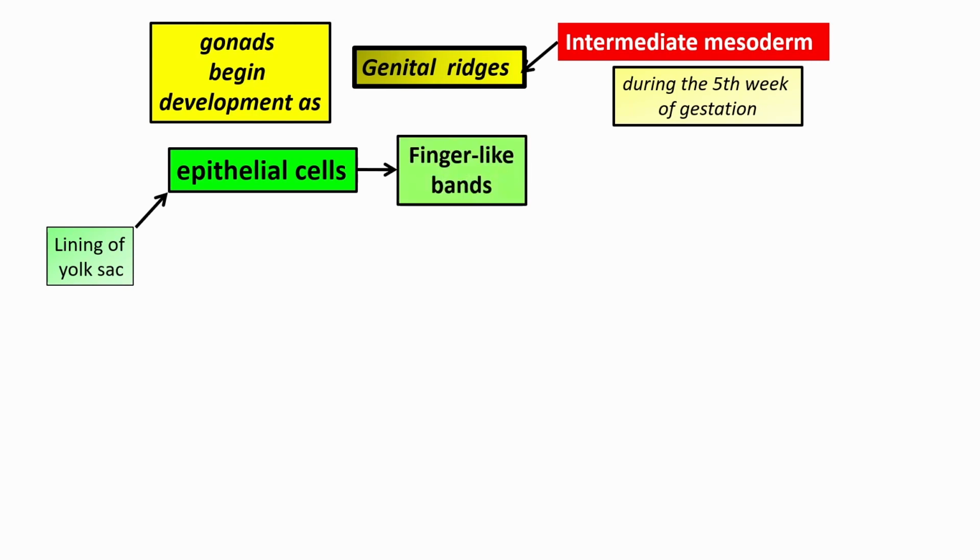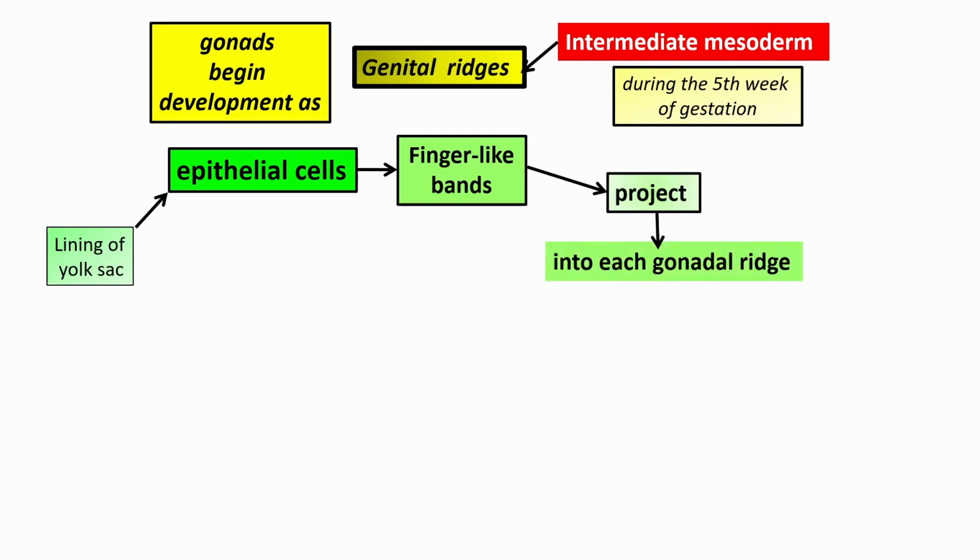These epithelial cells are finger-like bands, and these finger-like bands will get into the gonadal ridge, and then these finger-like bands are irregularly shaped primary sex cords.